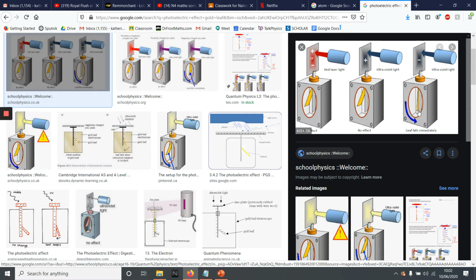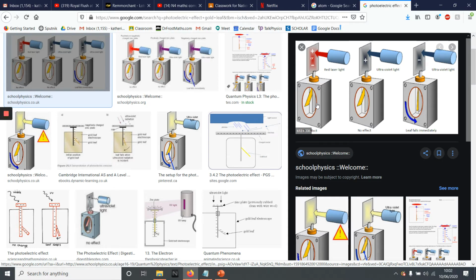Usually it just hangs down like that, but we can charge this whole thing up using plastic rods, either positively or negatively. When it's positively charged, it means you've removed electrons. If you remove electrons from something, it becomes positively charged. If you introduce electrons into the system, it becomes negatively charged.